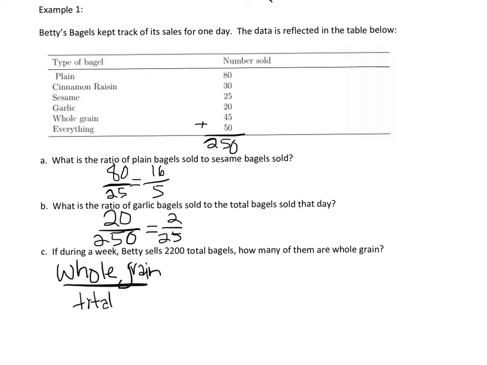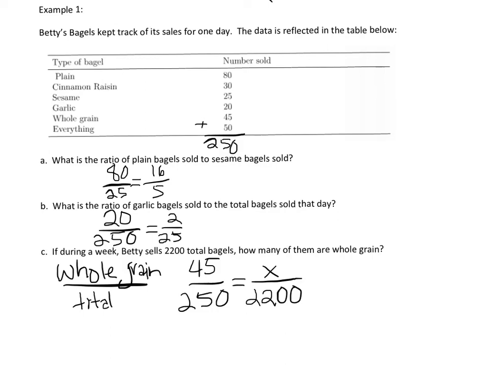So when I set up my proportion, I'm going to set up the proportion of one day. So from my data, I know that 45 whole grain bagels were sold out of every 250. And that should be equal to what they sell in a week, which is 2,200 bagels, and I want to figure out how many whole grain bagels are sold in a week.